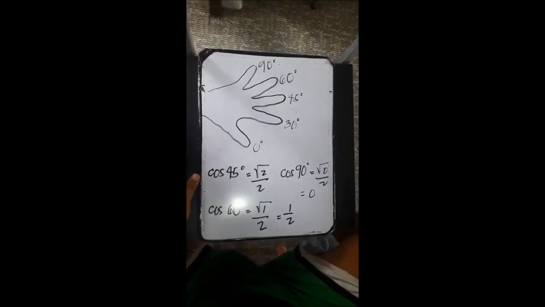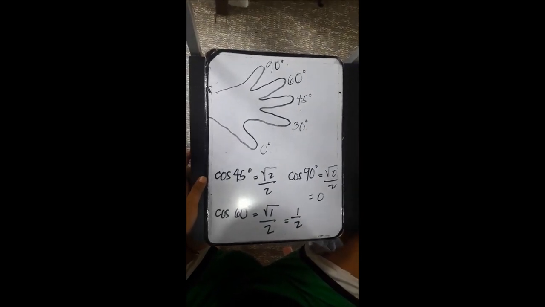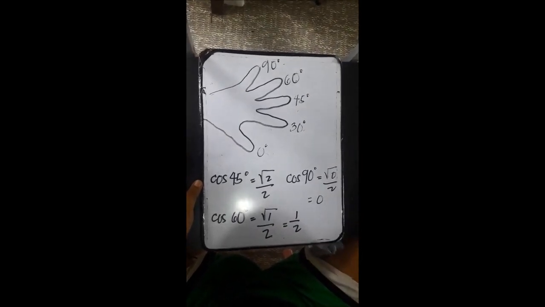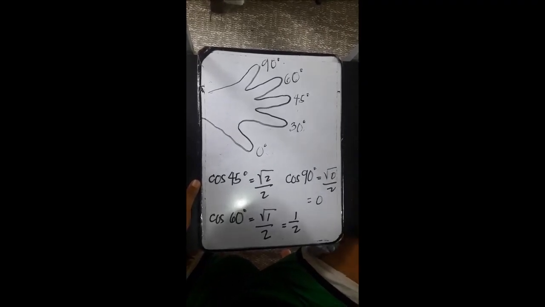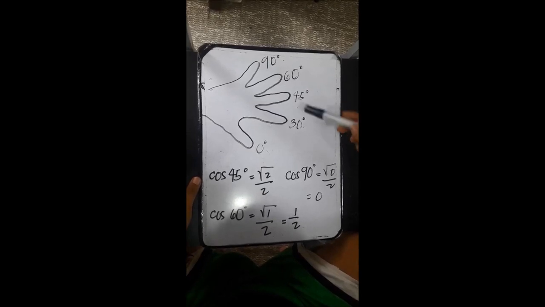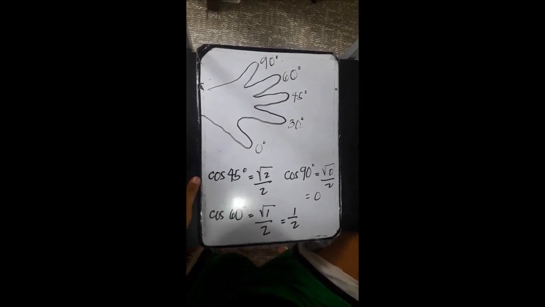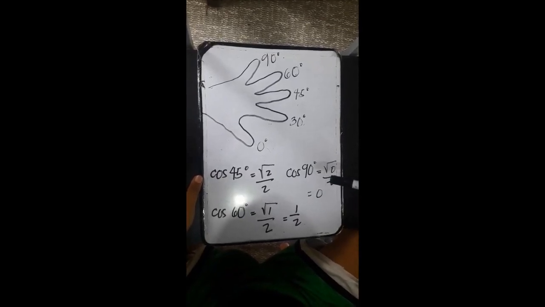So moving on, finding the cosine of the other three special angles, 45, 60, and 90. For 45, that's our middle finger, and the number of fingers above our middle finger is 2. So we have square root of 2 over 2 for our cosine 45.